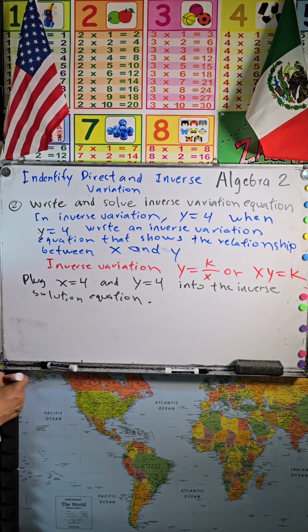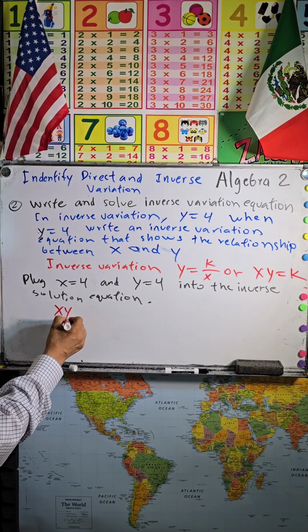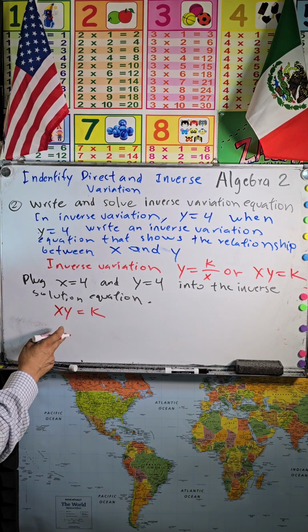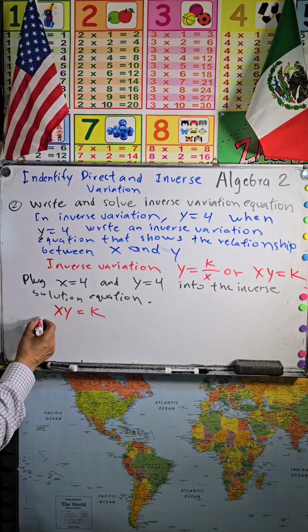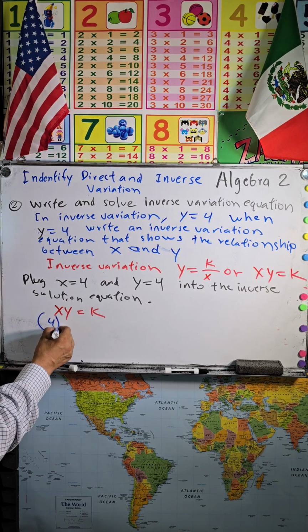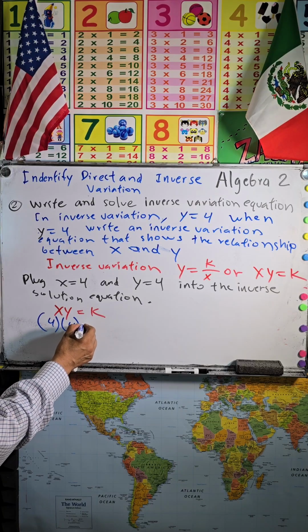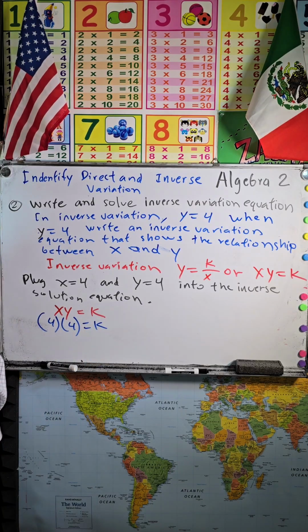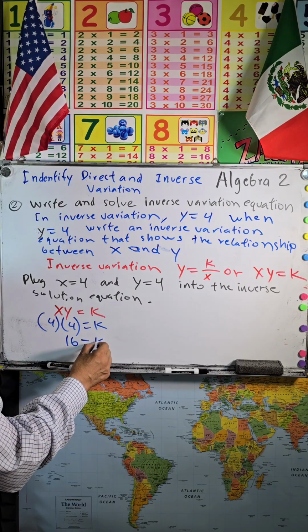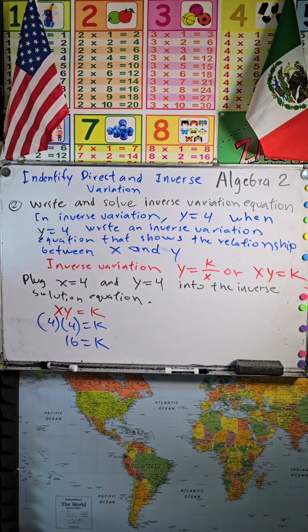Let's write x times y equals k. We are going to work with this formula, right? So we have 4 times 4 equals k, right? So this is 16 equals k, right? 16 is equal to k.